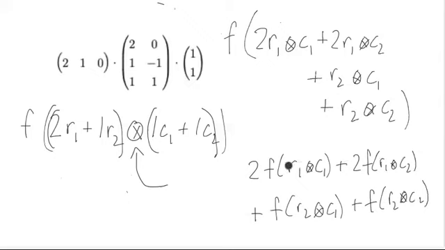And now this is just the image of that place right there, which in the matrix is just a 2. So this is just 2 times 2 right here. That's 4.